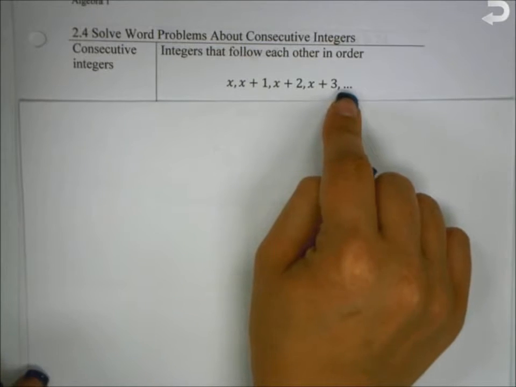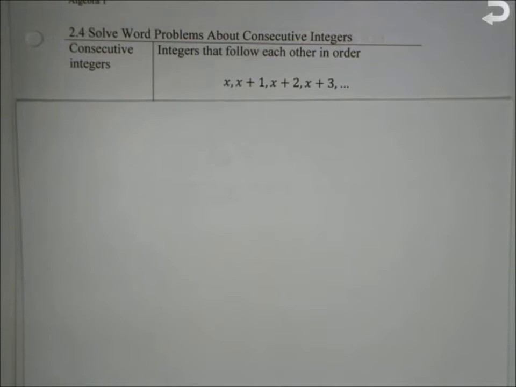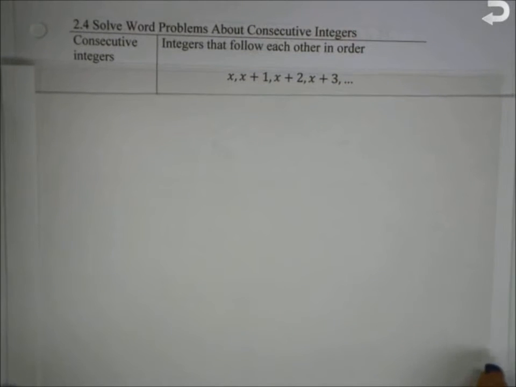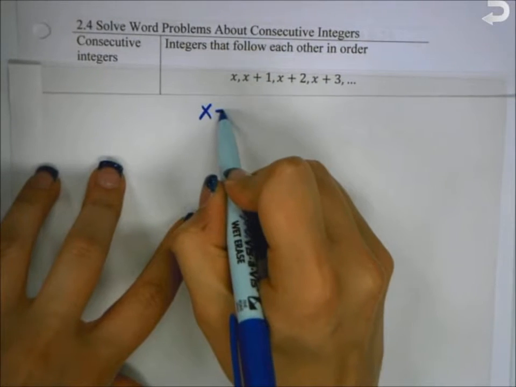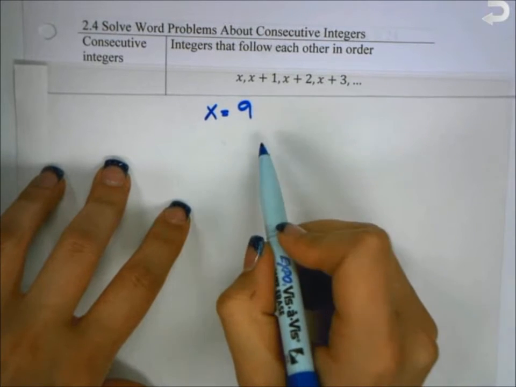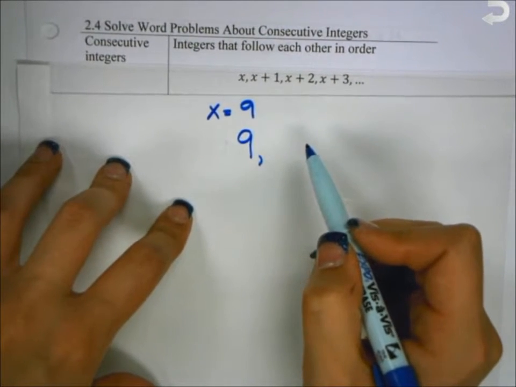Okay, let's think about it. Let's start. Somebody give me an x. Any x. 9. Good. Okay, so if x equals 9, that means we're starting the list at 9. How do I get the next consecutive integer?